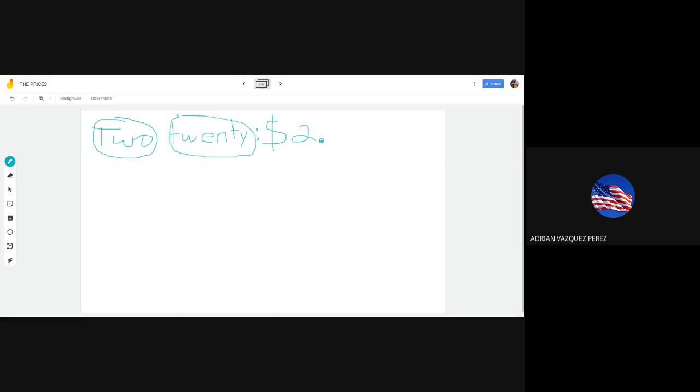So it's 2.20. See that in this case we need to add a point. Ahora se fijan que en estos casos donde están primero las letras, tenemos que agregar en la cifra con número el punto. Okay? Do not forget to write down this point. It's very important because it's the one that is going to tell us that it is a price. No se les olvide poner eso.